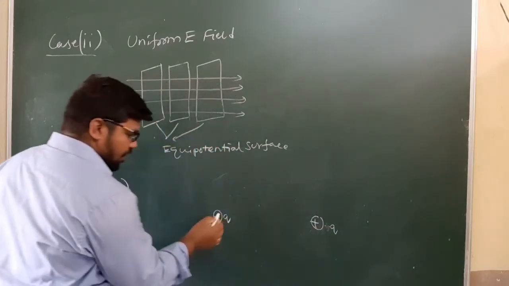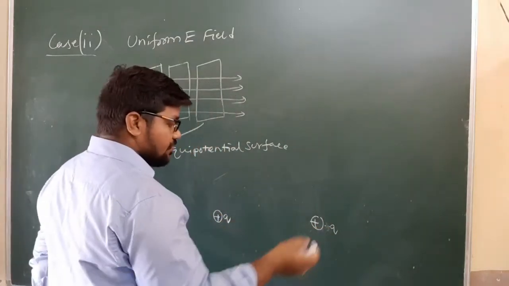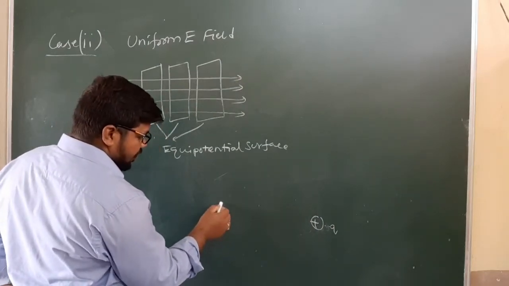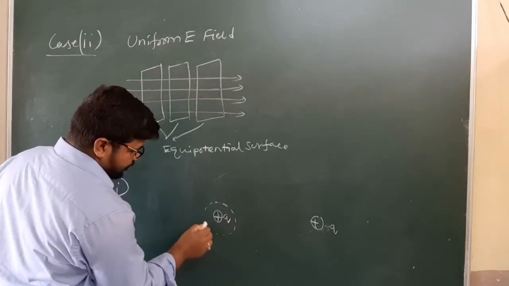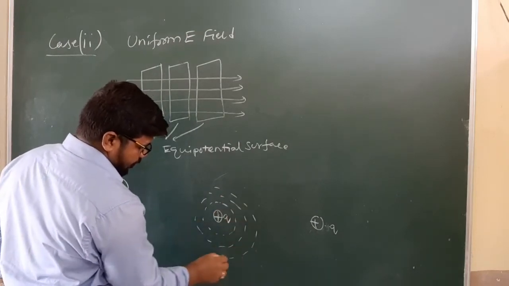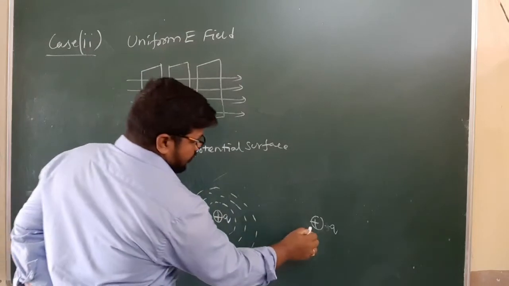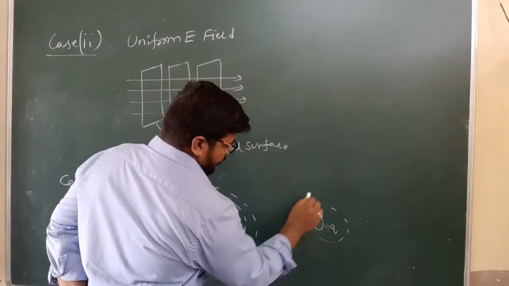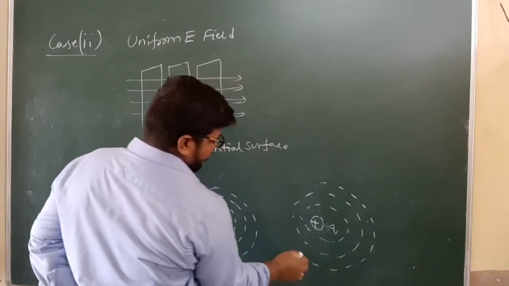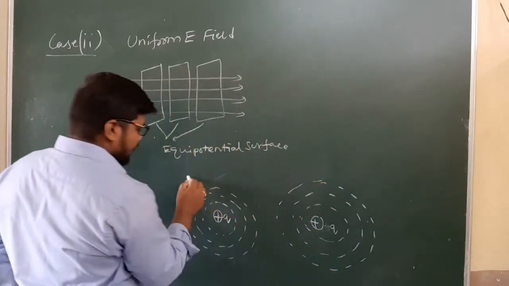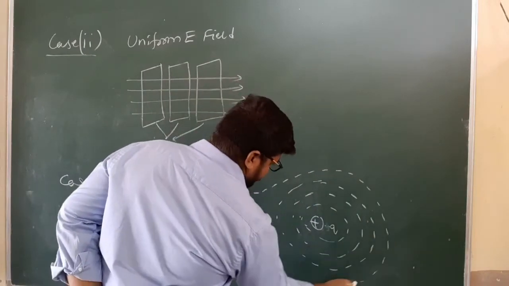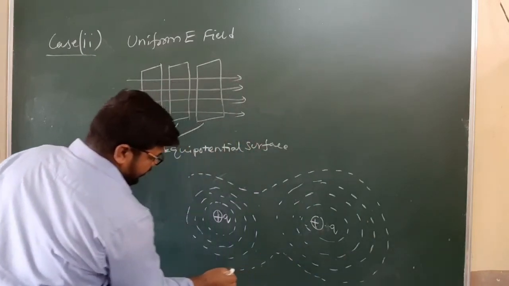See, for this we already discussed for a test charge, equipotential surfaces are spherical like this. Observe carefully, and here we have to observe like this for equipotential surfaces.